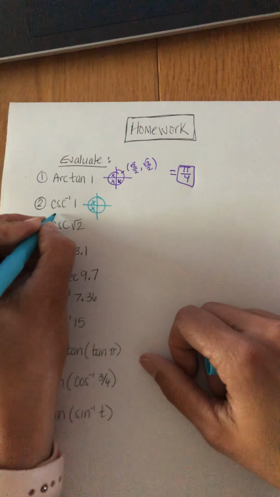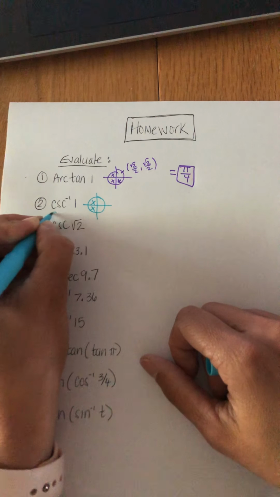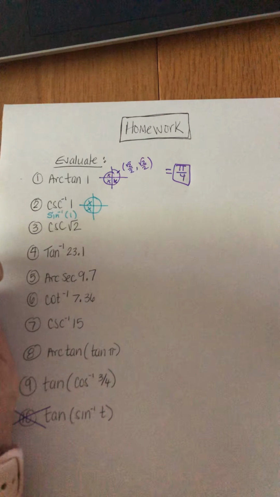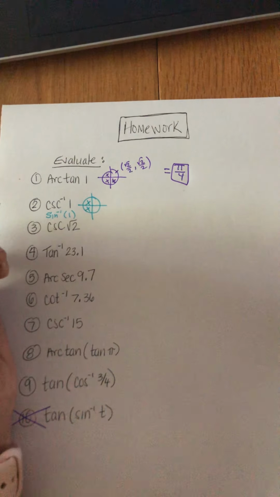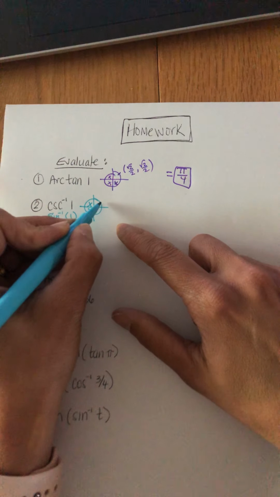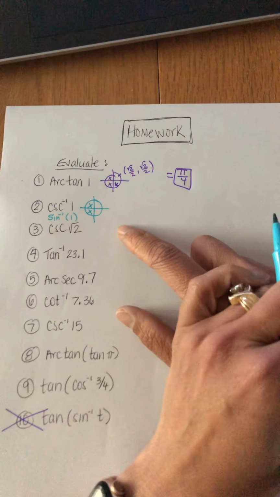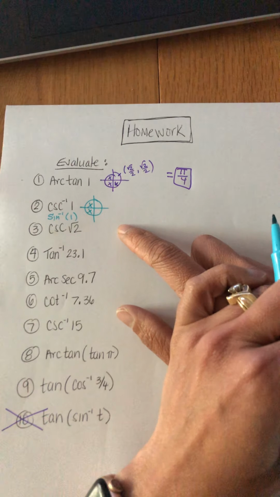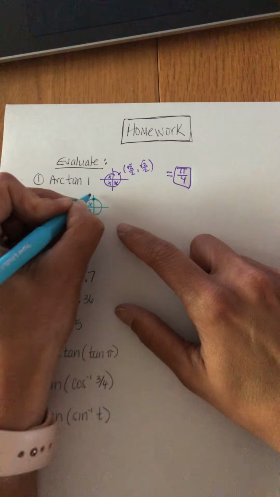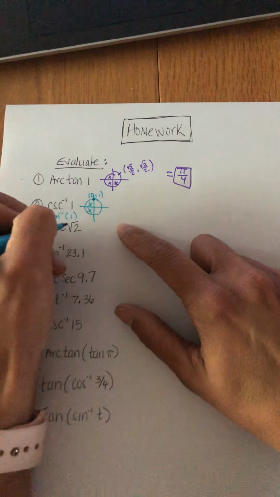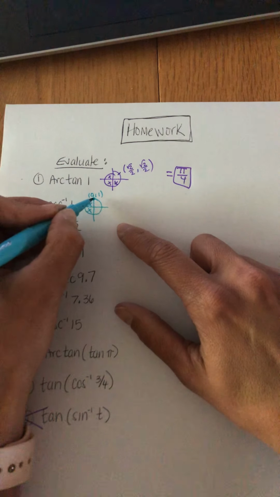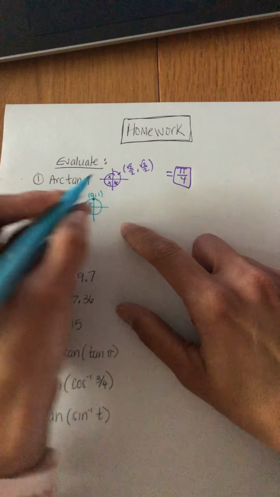Well, the reciprocal of 1 is 1. So we're really looking for sine inverse of 1. So where's the sine of 1? Well, sine is a positive 1 right here, at that point up there, 0, 1. And that angle right there is on the unit circle, pi over 2.